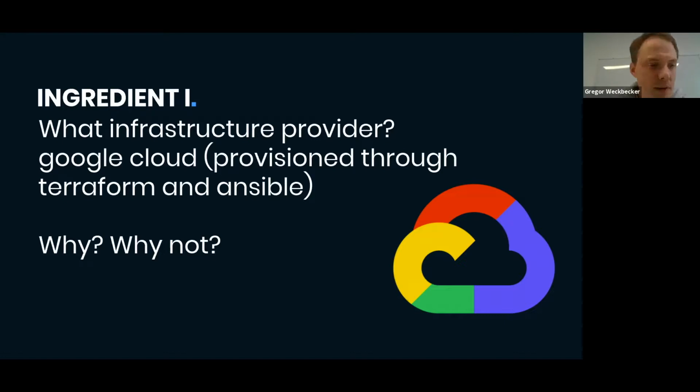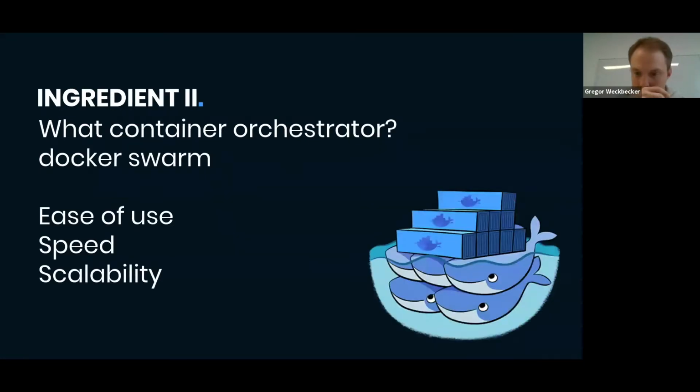We provisioned it in the first days mainly through Ansible. Today I will show you an approach where we provision it with a mixture of Terraform, which is HashiCorp's tool to create cloud infrastructure, and Ansible, which is a configuration management tool which allows you to configure the nodes you created.